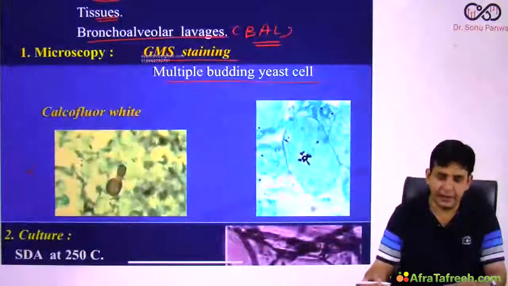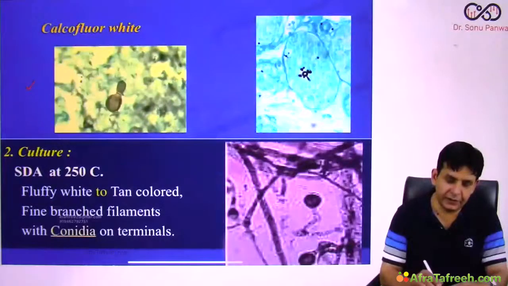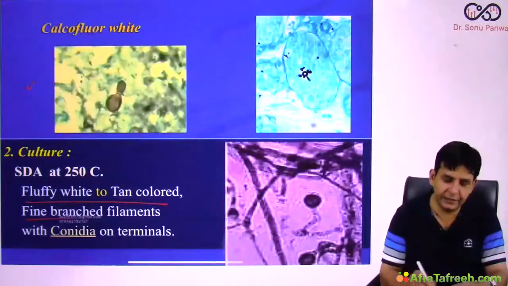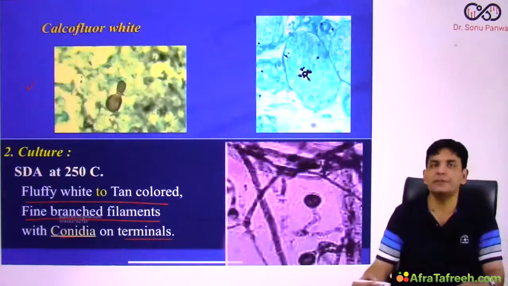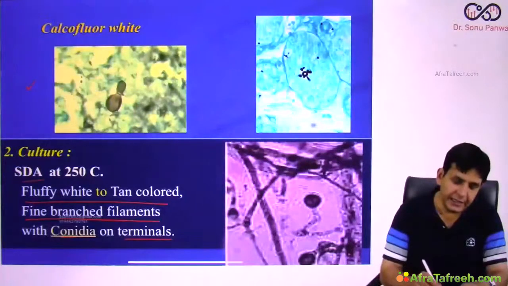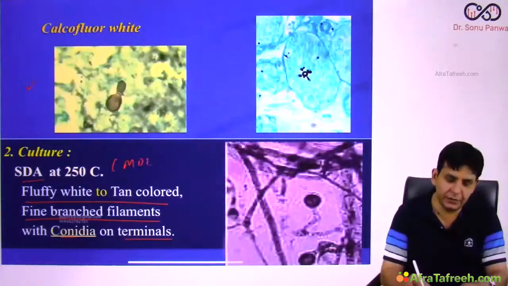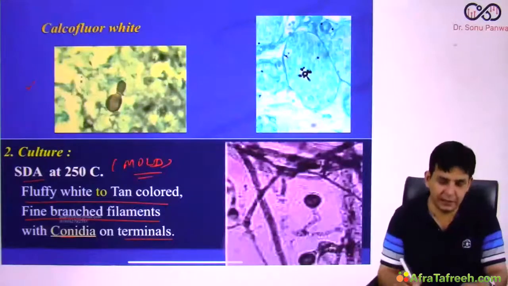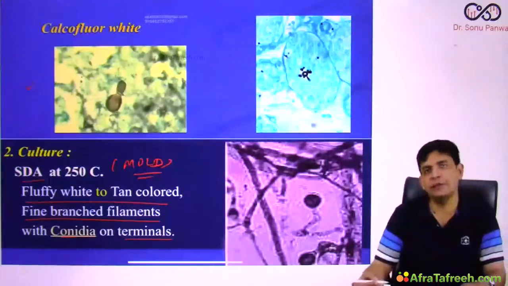Okay, and you can culture it. What you can find on the culture is fluffy white to tan colored fine branched filaments with conidia on the terminals. Okay, I repeat, on the SDA culture at 25 degrees, you need to have the mold form, which is not much characteristic of this. You find fluffy white to tan colored fine branched filaments with conidia on the terminals.